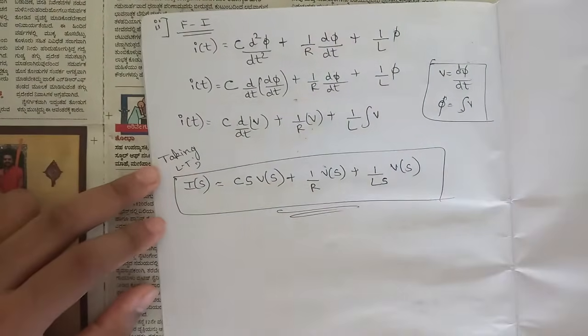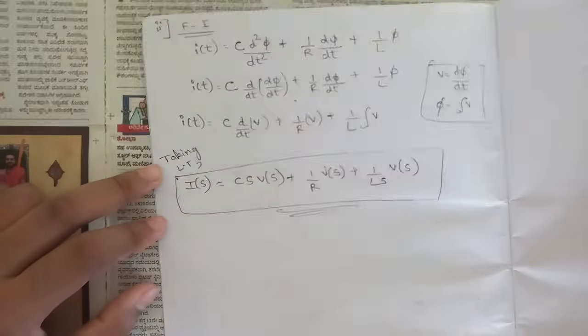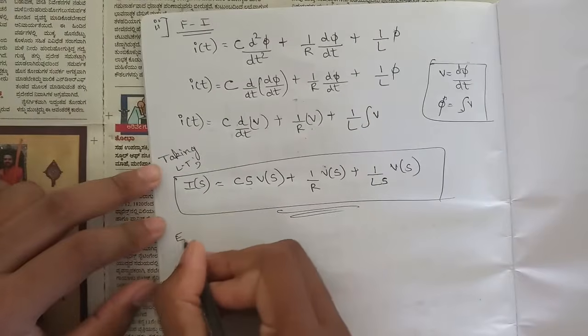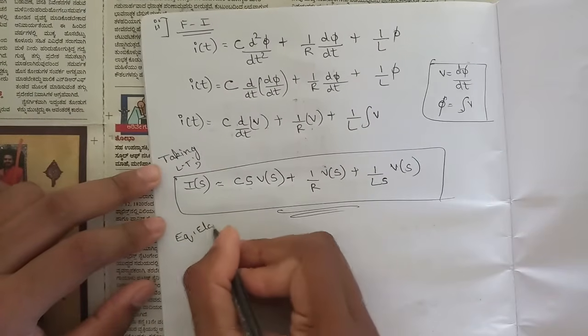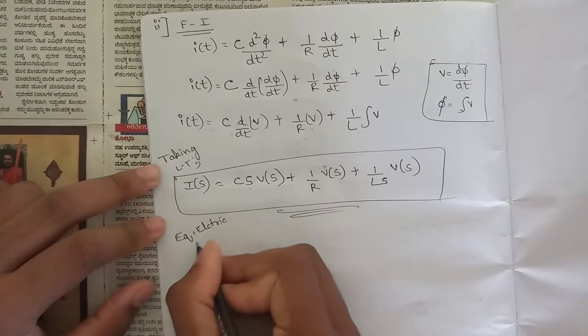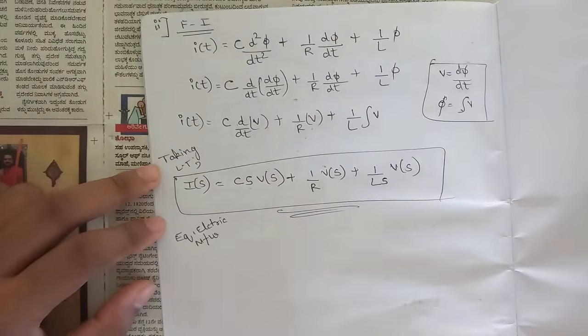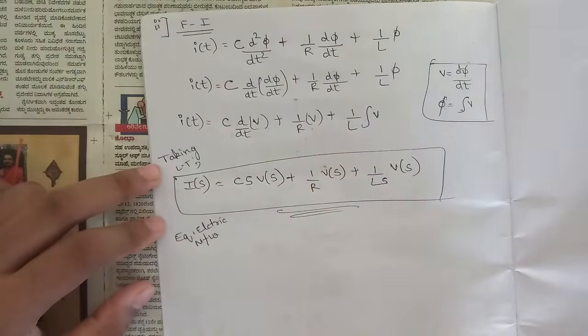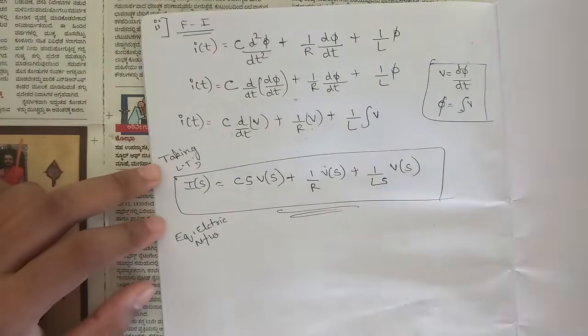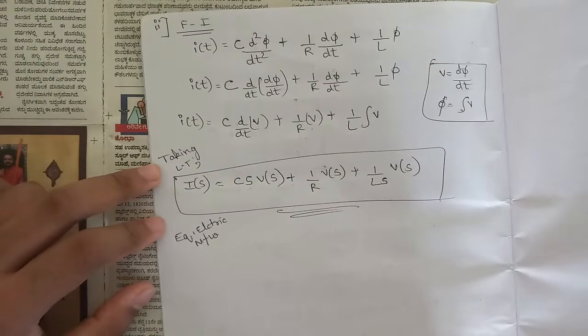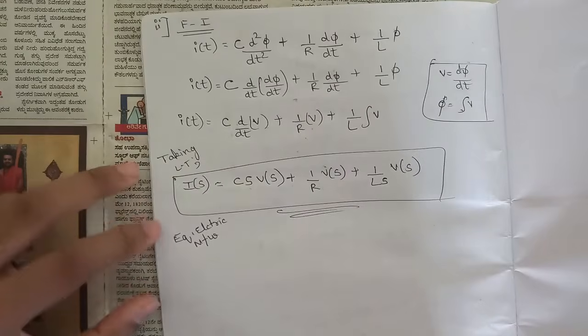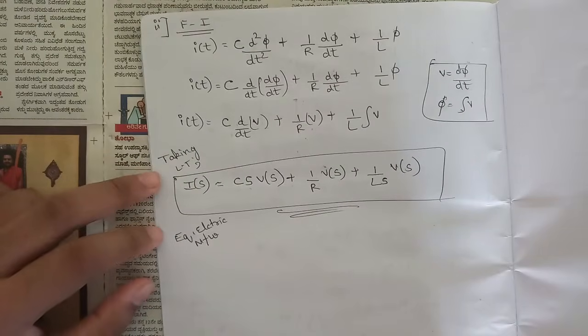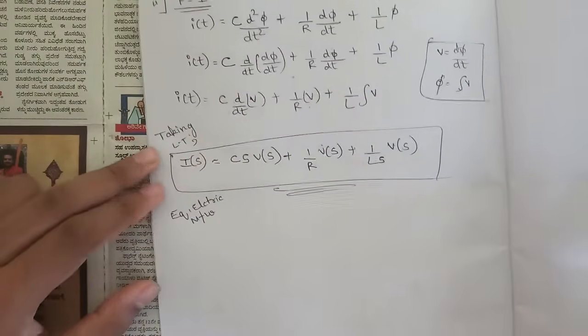Now using this, we need to build an equivalent electrical network for FI Analogy. As I have told, in FV Analogy we use the concept of loop currents, writing the loops and writing the circuit. In case of FI Analogy, it's the reverse of that, that is we need to apply node analysis, that is we need to consider nodes.